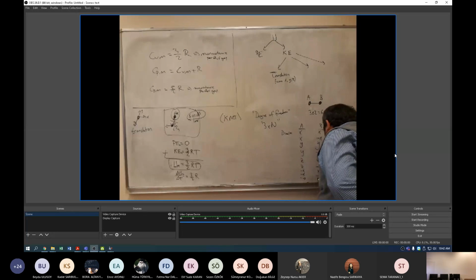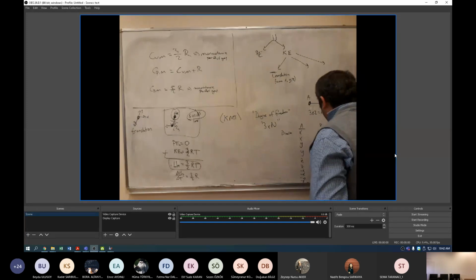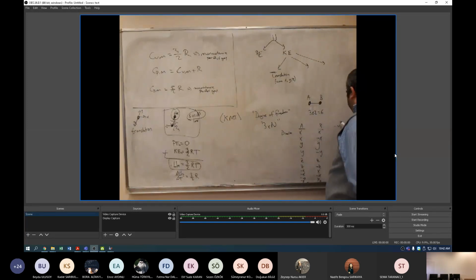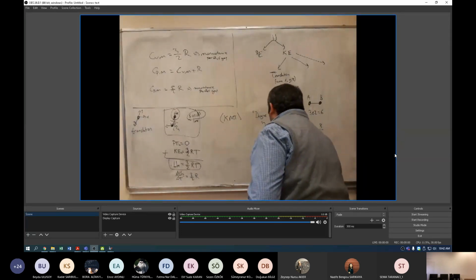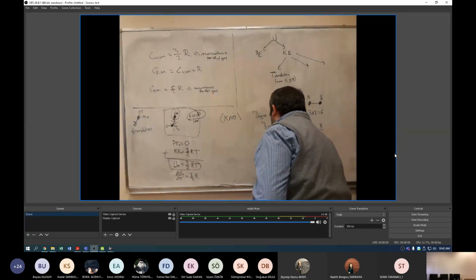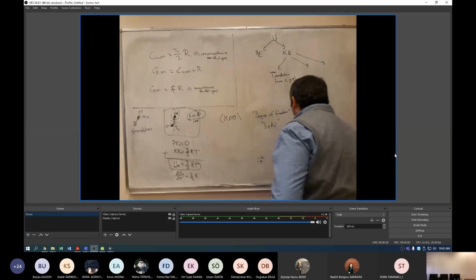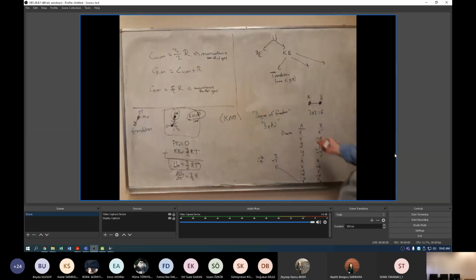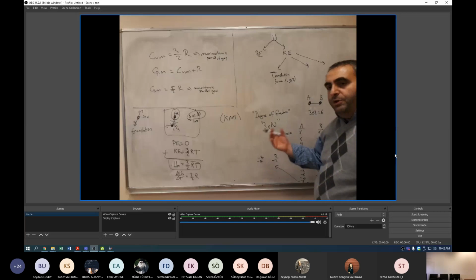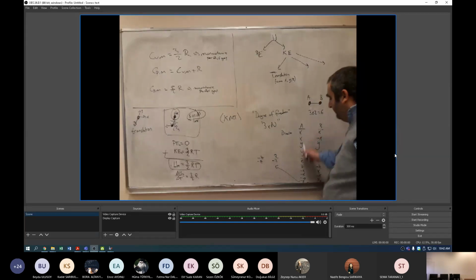Minus Y, plus Y, minus Y, minus Y, and as you can see, minus Z, let's put it over here, minus Z, Z, minus Z, minus Z. So how many different types of motions can this molecule have? There are 12 different motions, right? 6 plus 6, 12.